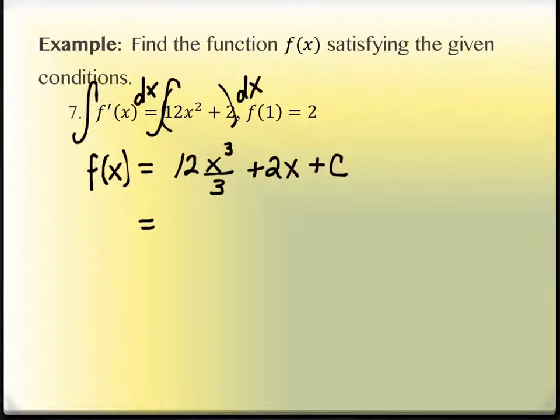What happens to the 12x cubed over 3? 4x cubed plus 2x plus c. And if I was not given this piece of information, I would be done. There would be nothing else I could do. How could I use that piece of information, though, that's highlighted in blue, to figure out what c is? Set the equation equal to 2, plug in 1 for x, and solve for c.